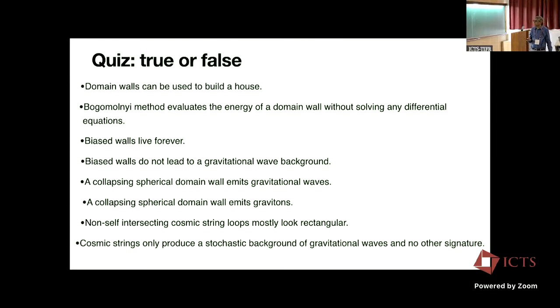Cosmic strings only produce a stochastic background of gravitational waves and no other signature. False, they also have bursts and other signatures. Should we go on or are you getting tired? I think you're doing very well, by the way.